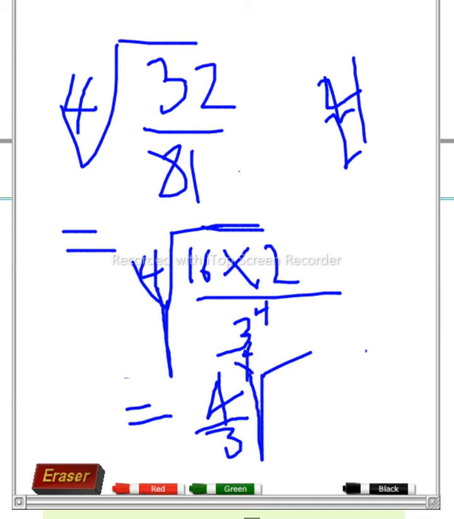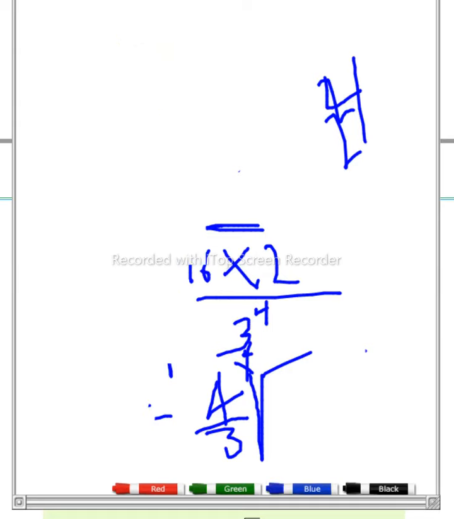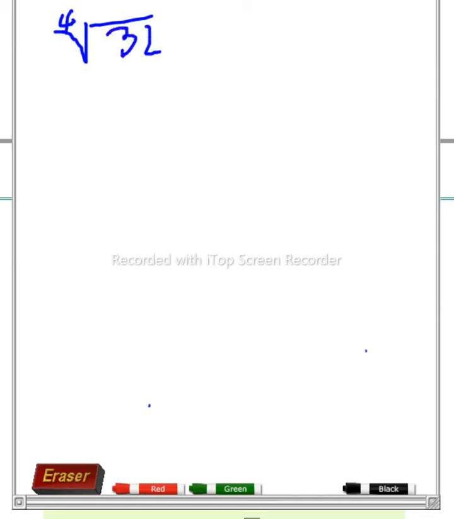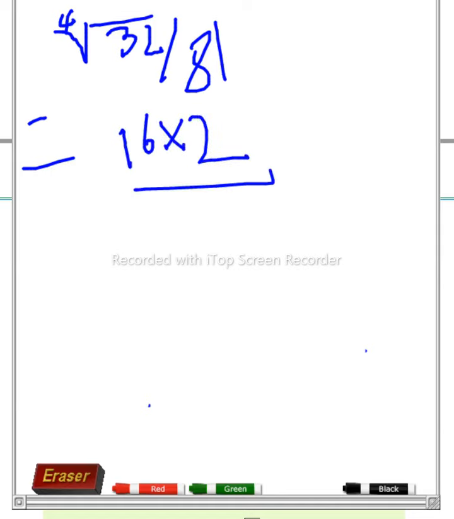Let us write again. The question says here we have the 4th root of 32 over 81. So this means 32 is 16 times 2, over 81, which is 3 to the power of 4.